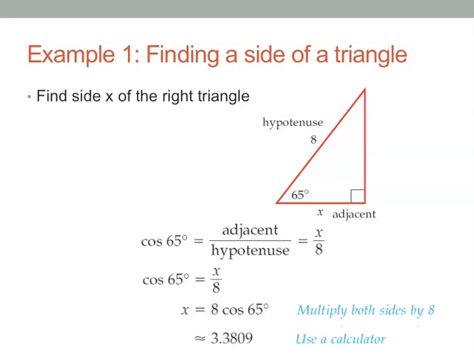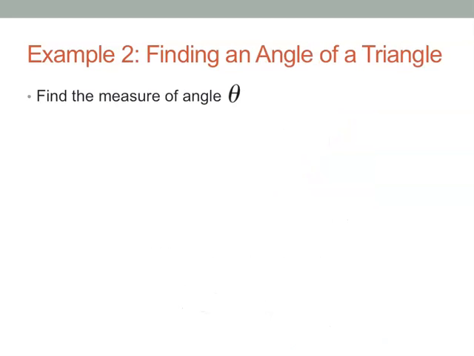Now let's actually do an example where we find the measure of an angle in a right triangle. So here's example 2. You're given 3 of the sides, and you are trying to find the measure of angle theta, which is the one in the bottom right there.